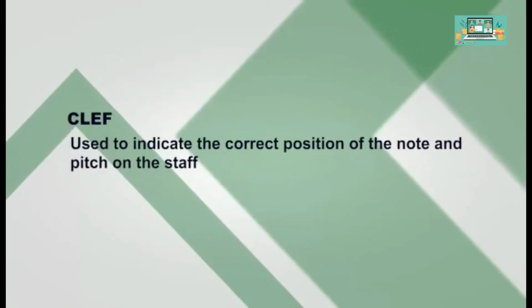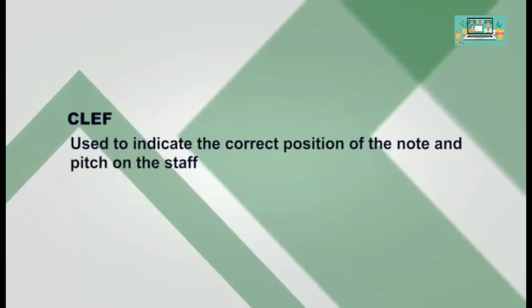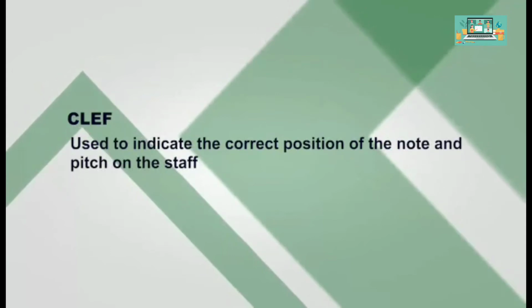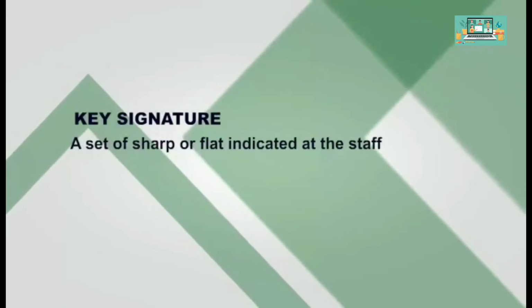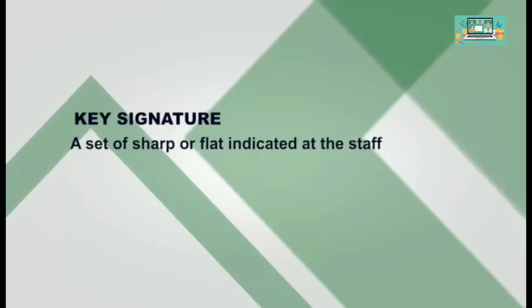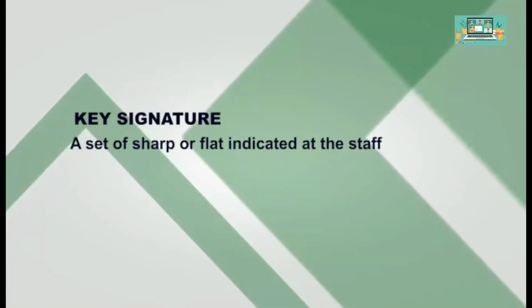A clef is used to indicate the correct position of the note and pitch on the staff. The key signature is a set of sharp or flat indicated at the staff to minimize the number of accidentals required in music notation.